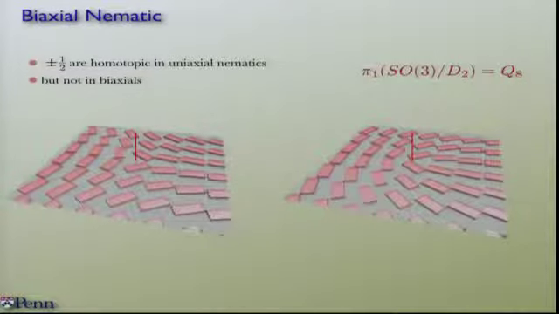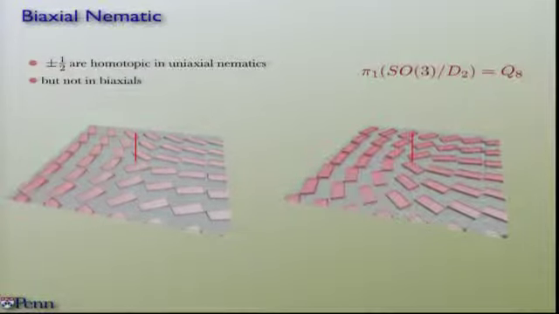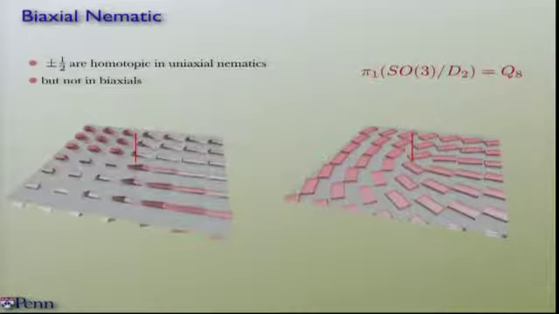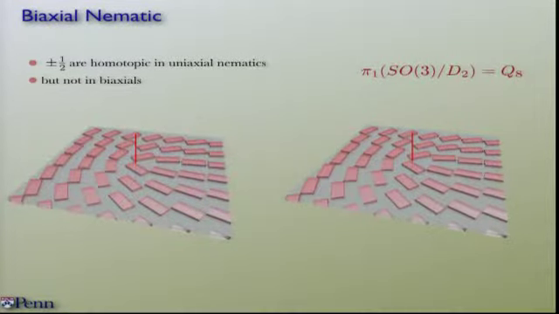But that same trick fails in the biaxial case. In a biaxial nematic, minus 1/2 and plus 1/2, I can try rotating them, but something bad's going to happen. When I rotate them, I have to rotate this guy. The only way I can say they're the same is if I can rotate one to the other while holding one of them fixed. Right?